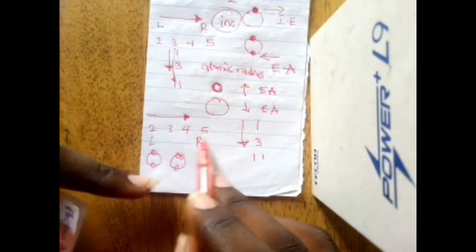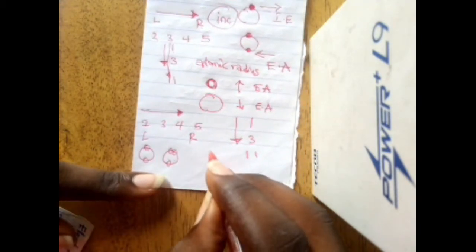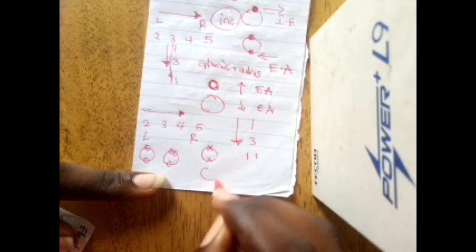It is attracting electrons to itself. So as you move from left to right, the tendency of atoms to attract electrons to form the octet state increases.